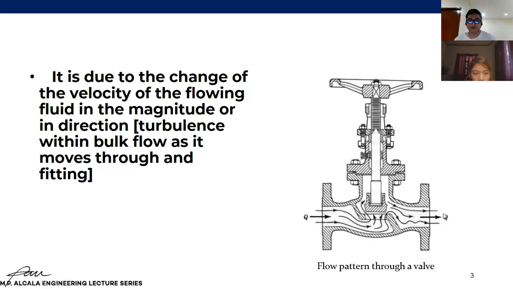So in this case, we have a flow pattern through a specific valve, wherein our fluid flows from left to right, okay? And there are a series of frictional losses inside the valve, okay? Thus, meron tinatawag itong energy losses. That's why we're calling it minor losses. Okay?